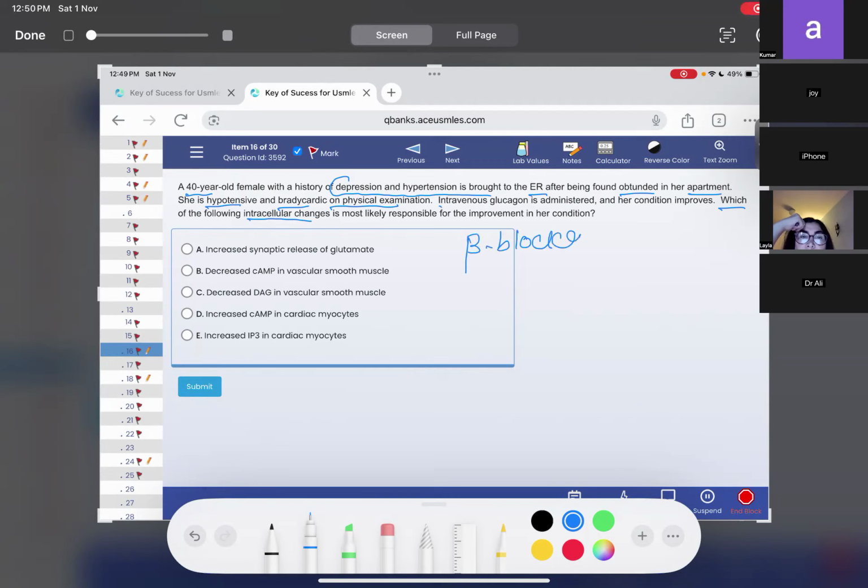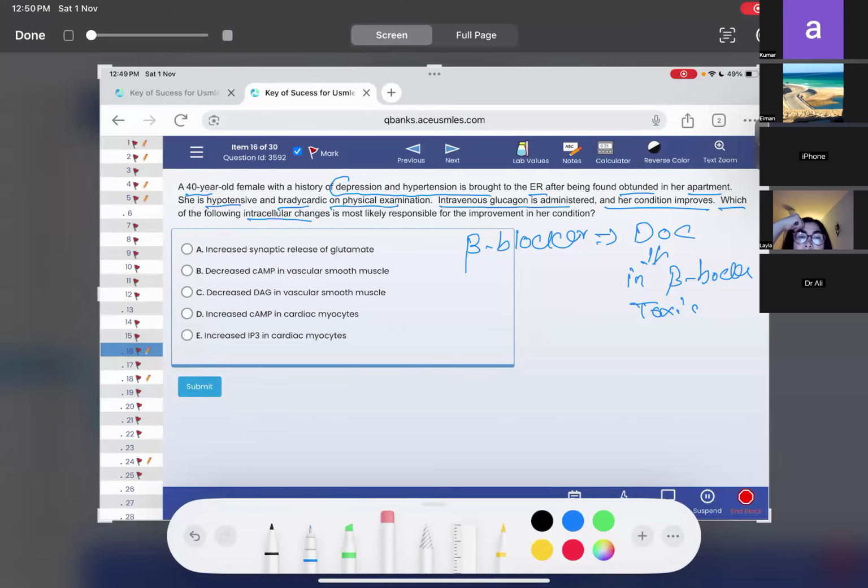So intravenous glucagon is administered, which is the drug of choice in beta blocker toxicity. Okay, doctors? Which one of the following intracellular changes is likely responsible for her improvement? Can anybody tell me how glucagon usually works on the heart?